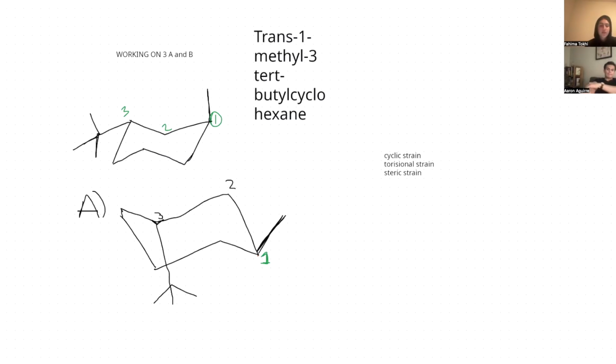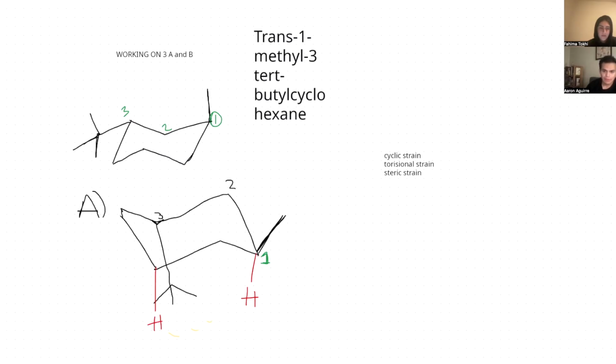Right here is where you're seeing a stronger strain. There's a hydrogen here and a hydrogen here.